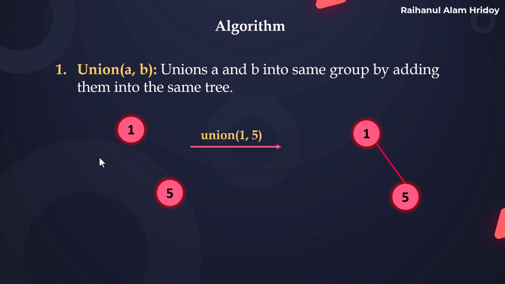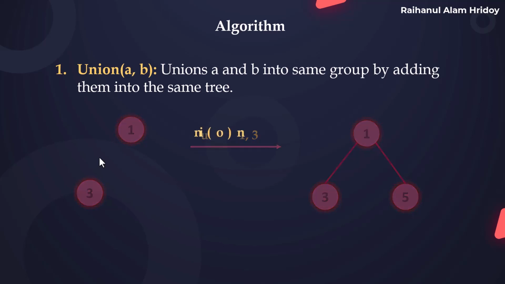We could also add 5 as a parent of 1, but for the case of 1 coming first, we add 1 as a parent of 5. It doesn't matter how the ordering is. Now we want to union 1 and 3. We simply add 1 as the parent of 3. This way we can actually form a union.